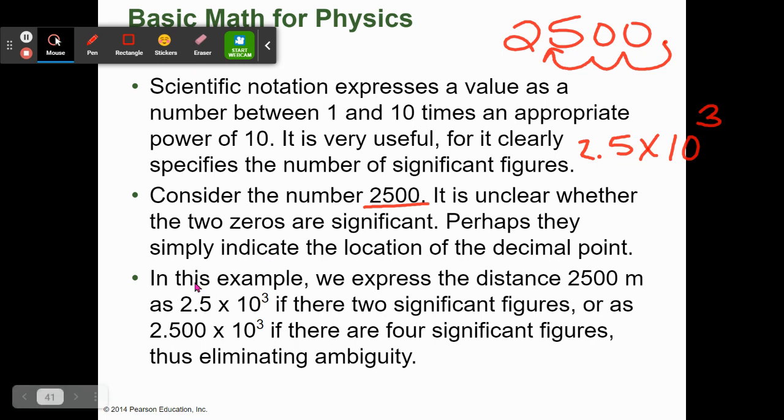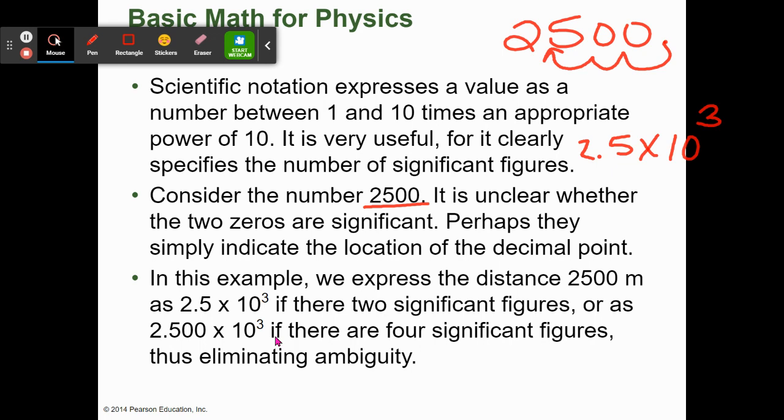All right, so here is our answer, 2.5 times 10 to the 3. Now, the other good thing about writing numbers in scientific notation is that all of the digits in the number part are significant. We have to write them as significant. So when we say 2.5 times 10 to the 3, how many significant digits are in that number? 2. The 2 and the 5.